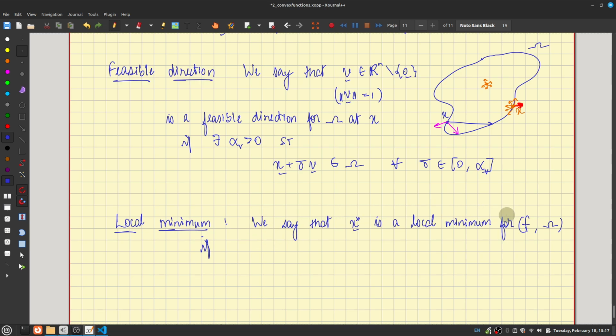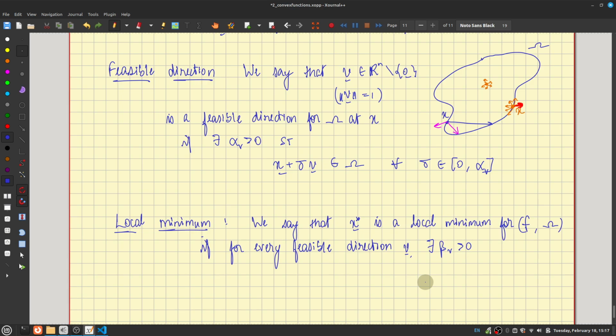All right. So we say that x star is a local minimum for this constrained optimization problem if basically the same thing happens. If for every feasible direction v, we can find some beta v greater than 0.